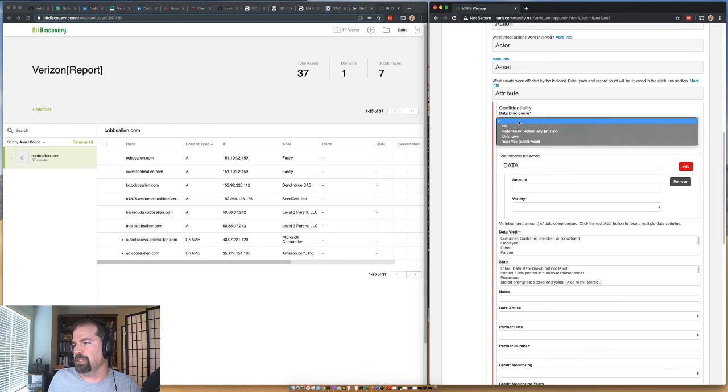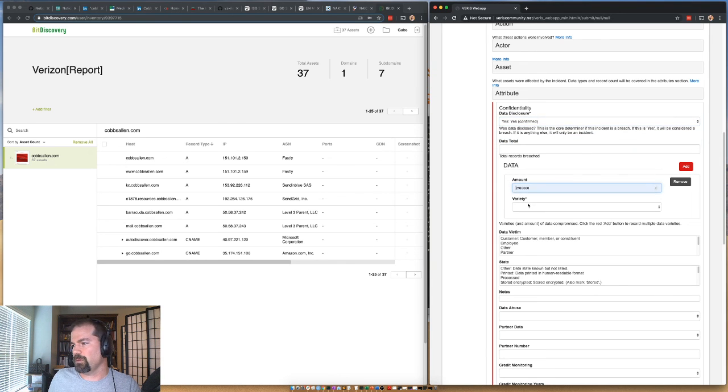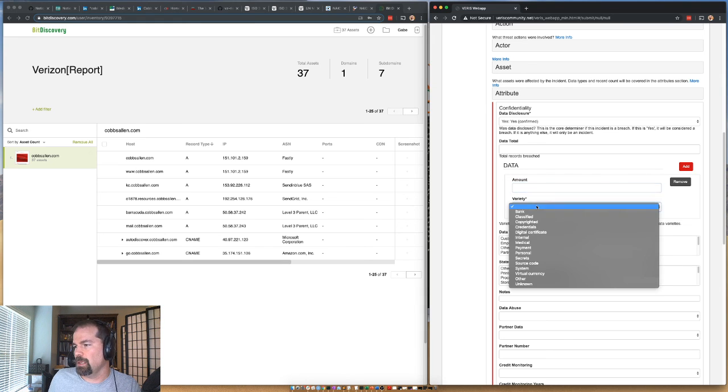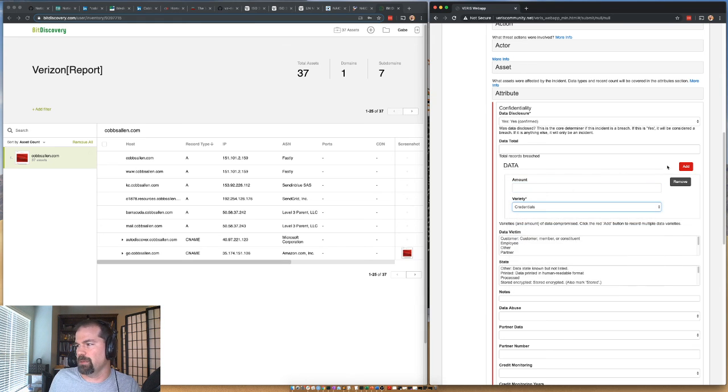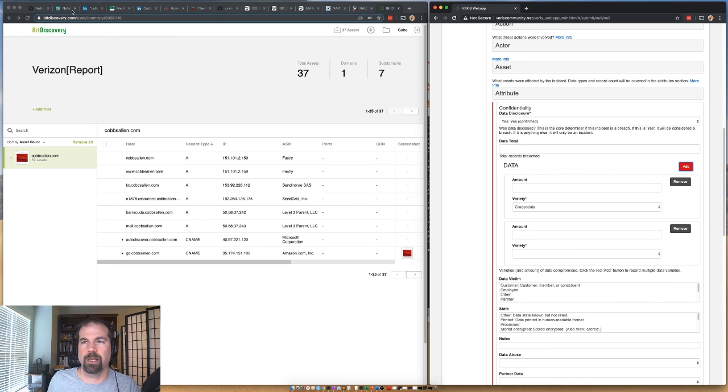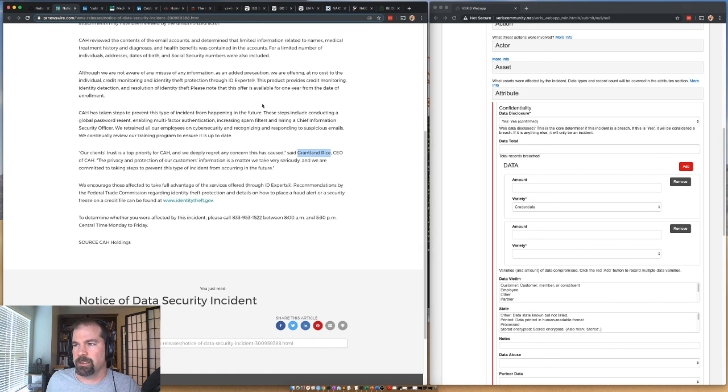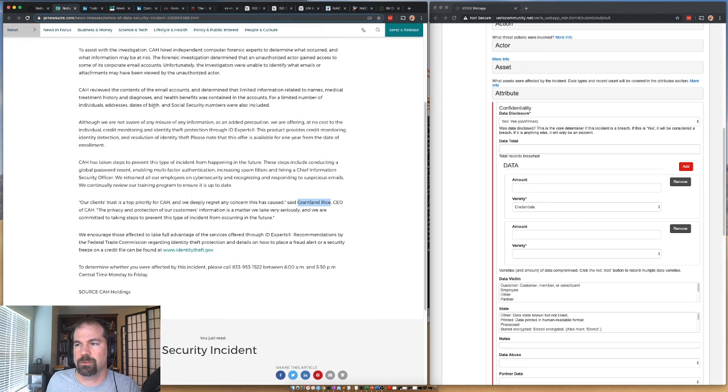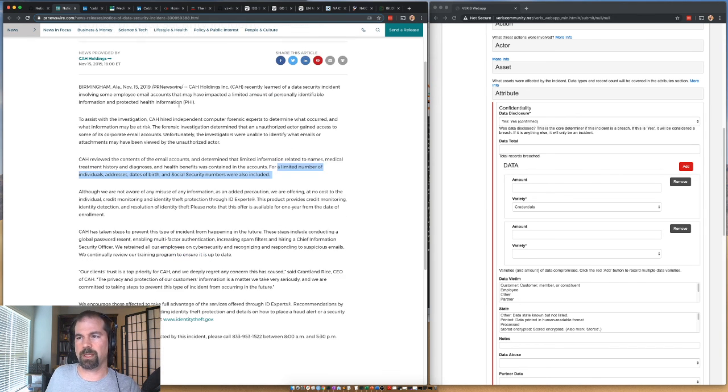Attribute confidentiality, data disclosure, yes. Data that was disclosed, and no, not that much. An unknown amount of credentials because we don't know how many accounts were compromised, and then what other data did they disclose? Individuals' birthdays. So it says protected health information.